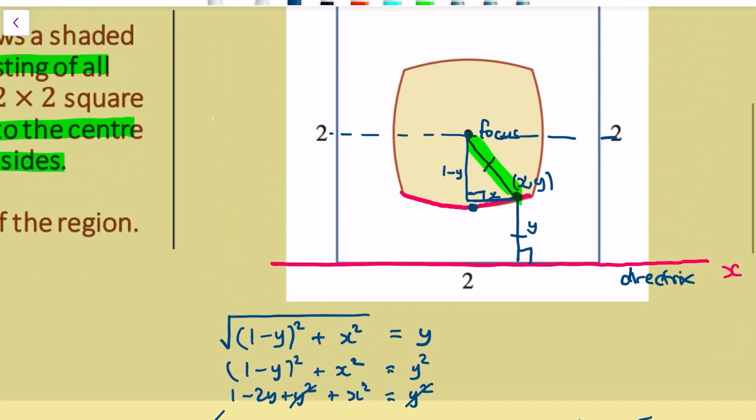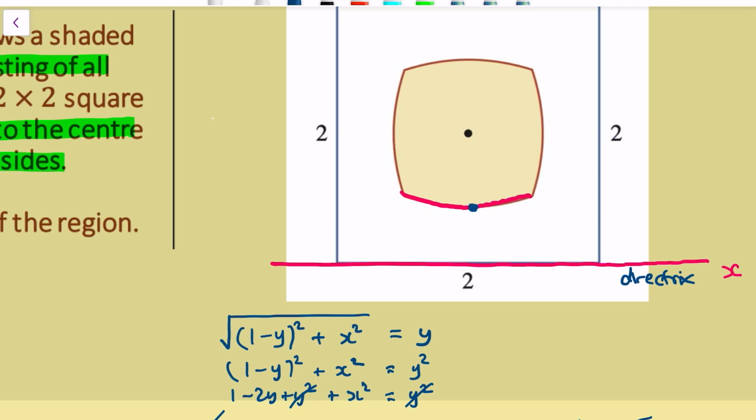Okay, now what do we need to do? We need to find some area using integration. What I'm going to do is find this area here, which means I need to find the point of intersection between the bottom parabola and the one that's on the side.